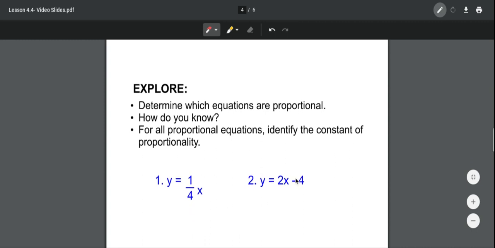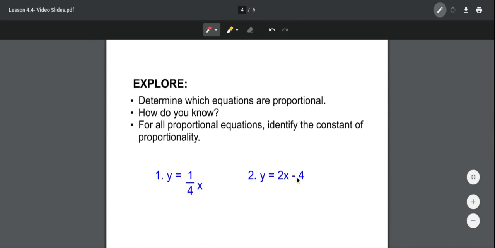Let's determine which equations are proportional. In number 1, if we use our example, y equals kx, does it match with the equation written in number 1?